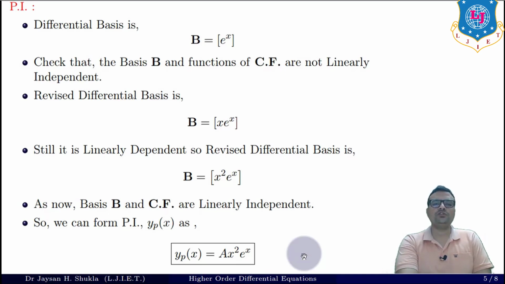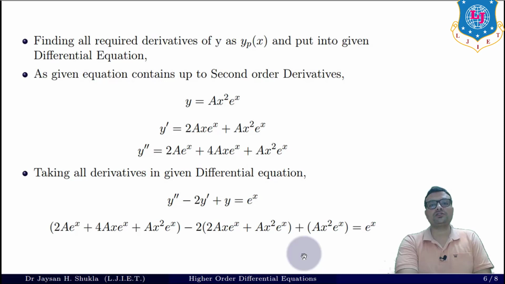So now we know that yp is a particular solution, so it can work as a solution of the differential equation. Coming back to the equation, check how many differentiations are required for y. We can see clearly that it requires a double derivative. So I'm taking y dash and y double dash.